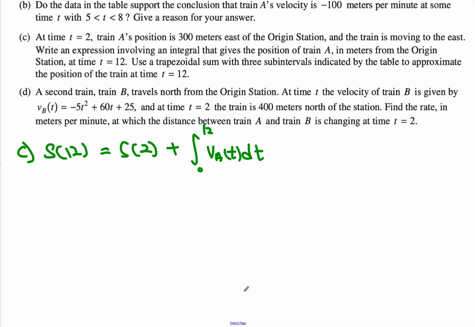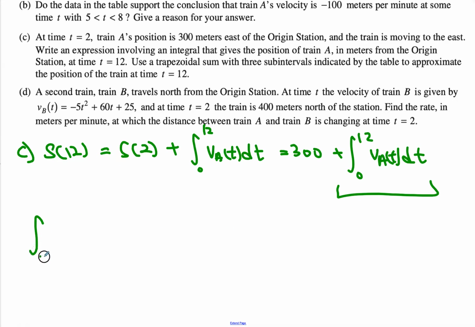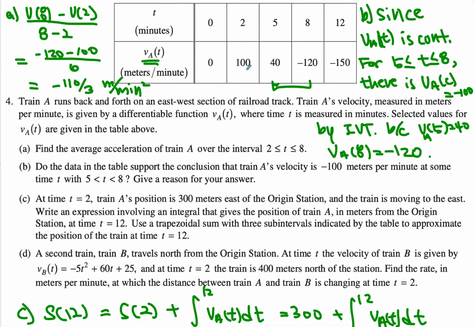Now this is equal to 300, because originally this value was 300, plus the integral of v sub A of t dt. Now, they want you to evaluate this using the trapezoidal sum. The integral can be approximated by one half, base 1 plus base 2, times height.